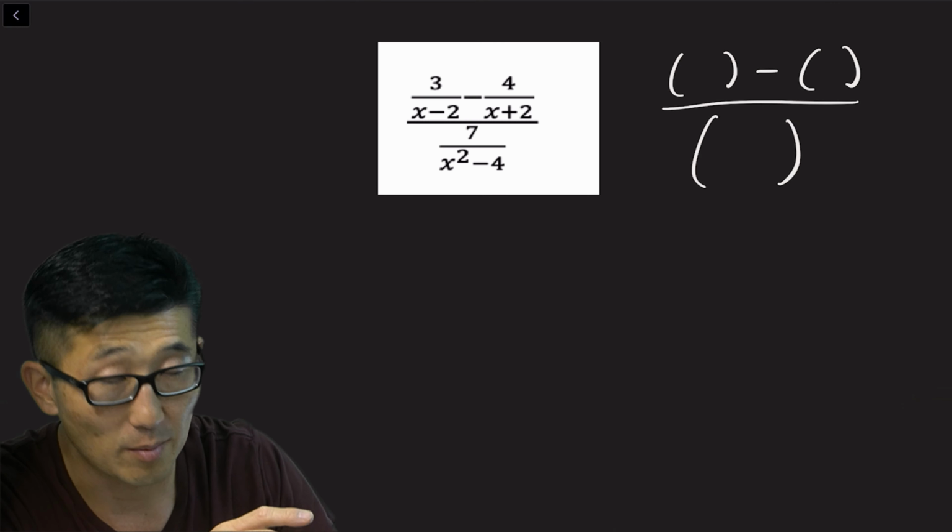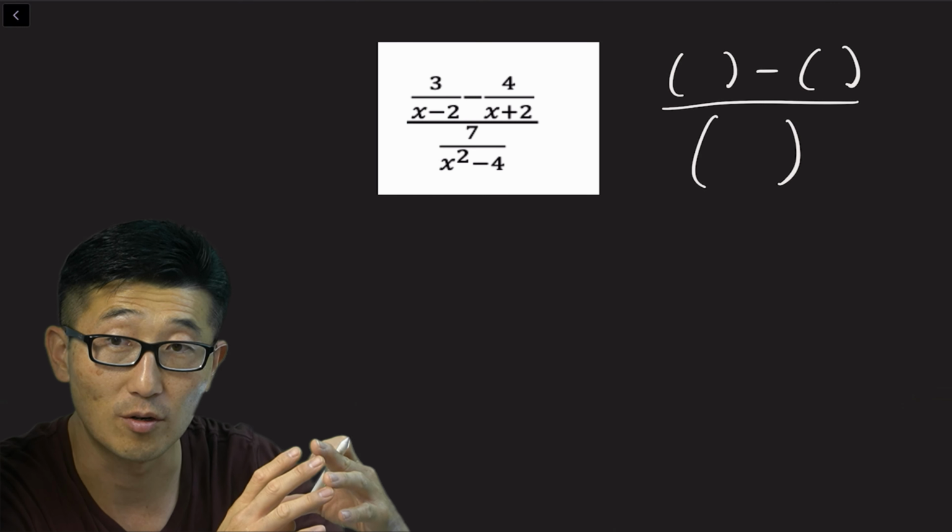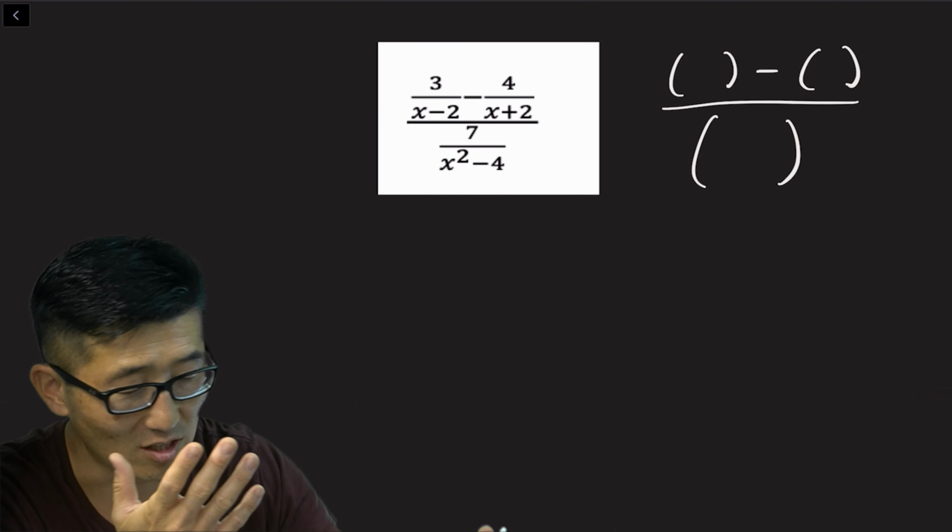All right, so let me rewrite it so it looks more comfortable: 3 over parenthesis x minus 2, minus 4 over parenthesis x plus 2, all over 7 over, now I'm going to factor this out, x plus 2, x minus 2.